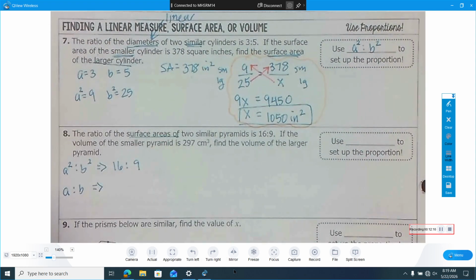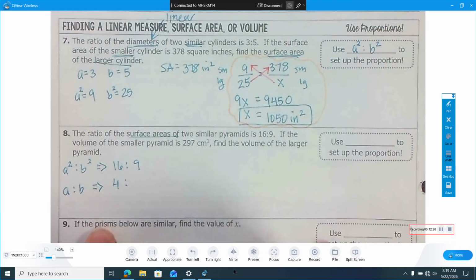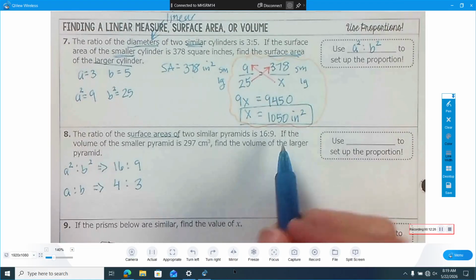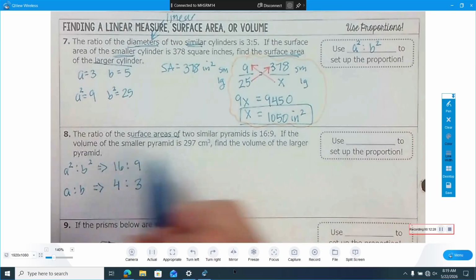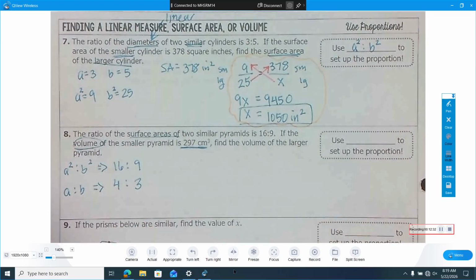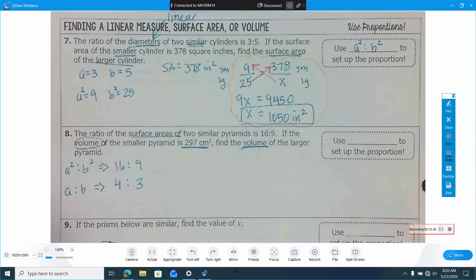What's a going to be? 4. And what's b going to be? 3. Okay. So we always have to go back to a to b, but now our job is, if the volume of the smaller pyramid is 297 centimeters cubed, find the volume of the larger pyramid.